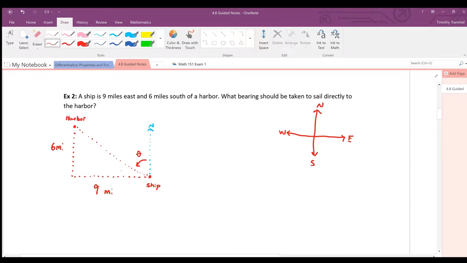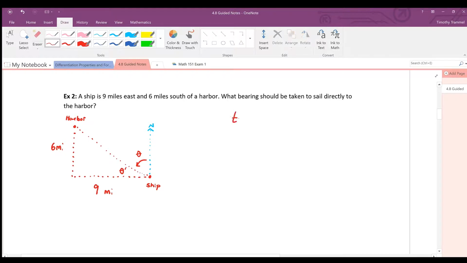How do we find that angle? Well, maybe we can find this angle in here. Let's call this one theta prime, just to note it's a different angle. If I wanted to find theta prime here, what could we do? We could use SOHCAHTOA, and I think TOA would be the better option here.